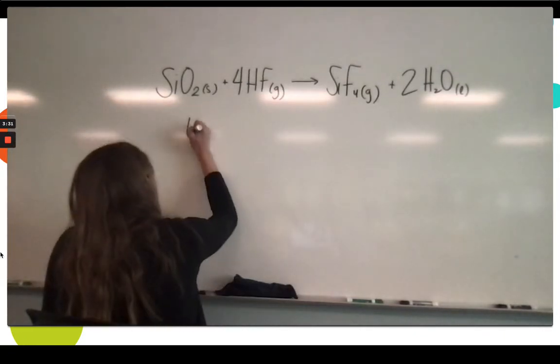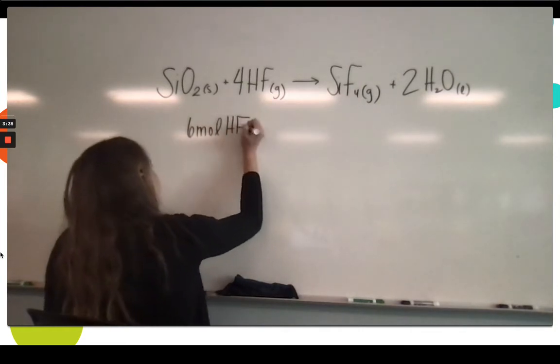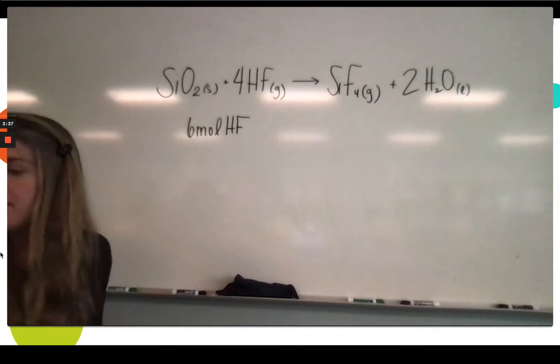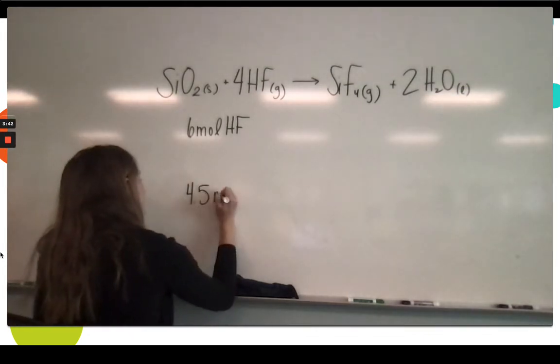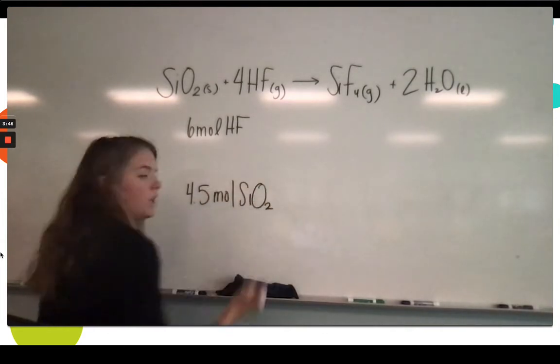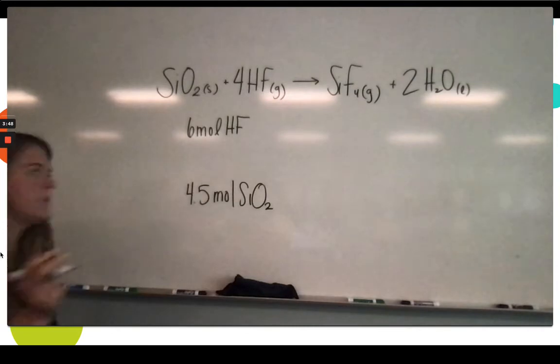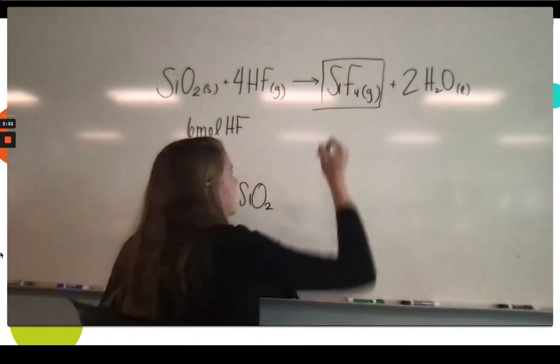So we're going to start with 6 moles of HF. And we're also given 4.5 moles of SiO2, silicon dioxide. And we're trying to figure out which of these is limiting when we're trying to produce silicon tetrafluoride.